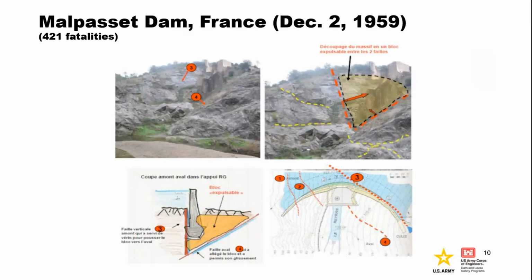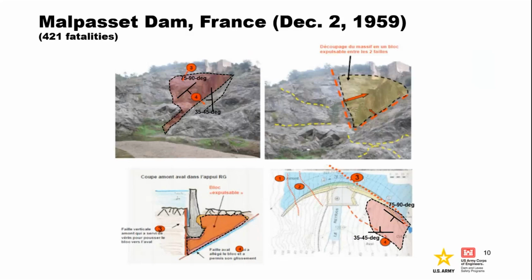The only explanation that seems to be consistent with all the known facts and observations is that failure was caused by sliding and slippage on an upstream dipping fault plane that formed a rock block in the left abutment. This diagram shows that fault plane.